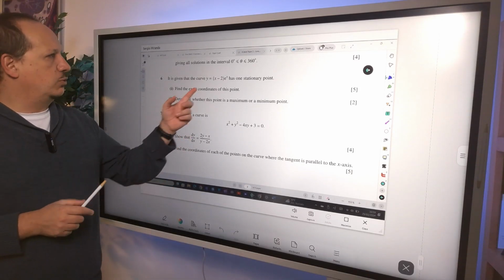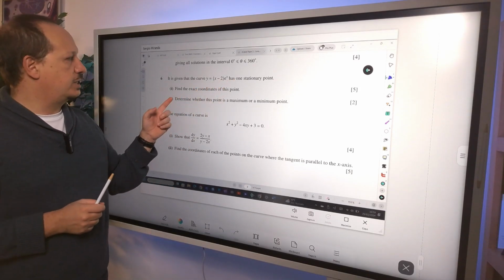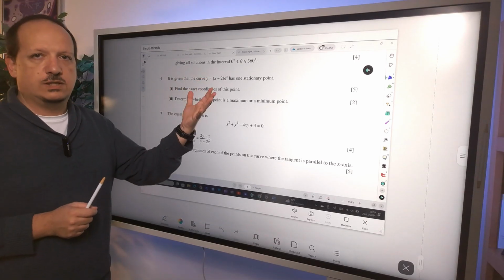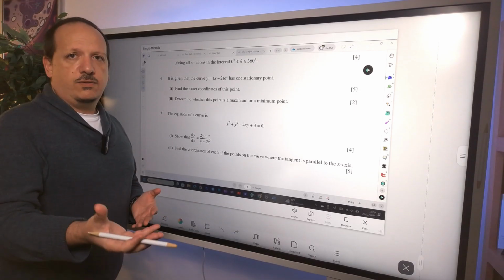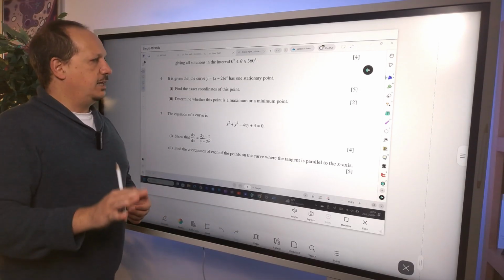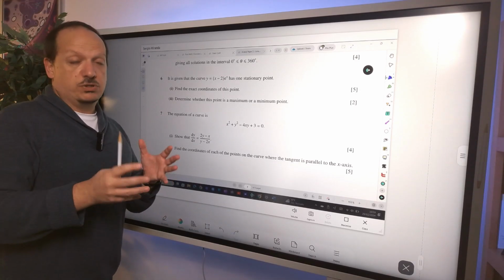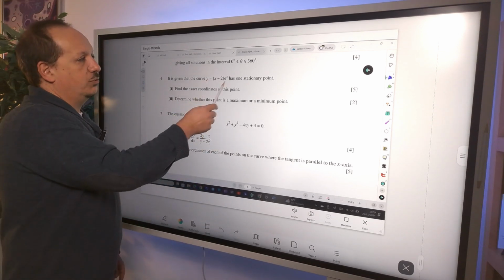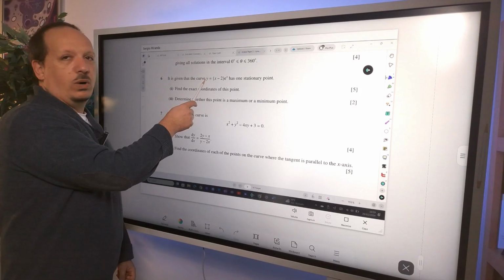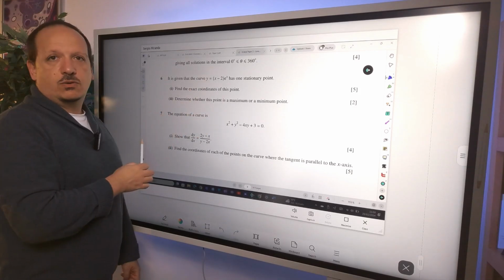In order to find the coordinates of a stationary point, you just have to differentiate the function, equal it to 0, and solve the equation for x. The result is going to be the x coordinate of the stationary point. Plug it in the original function to get the y coordinate, and you have this question answered.